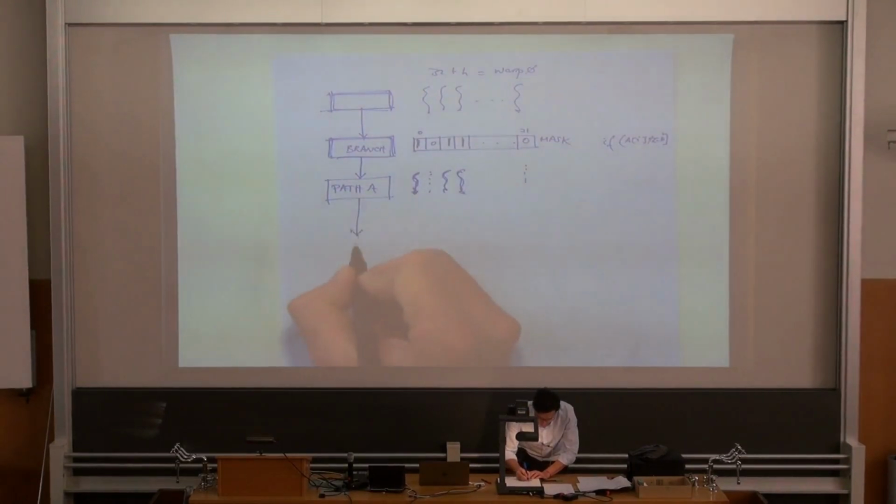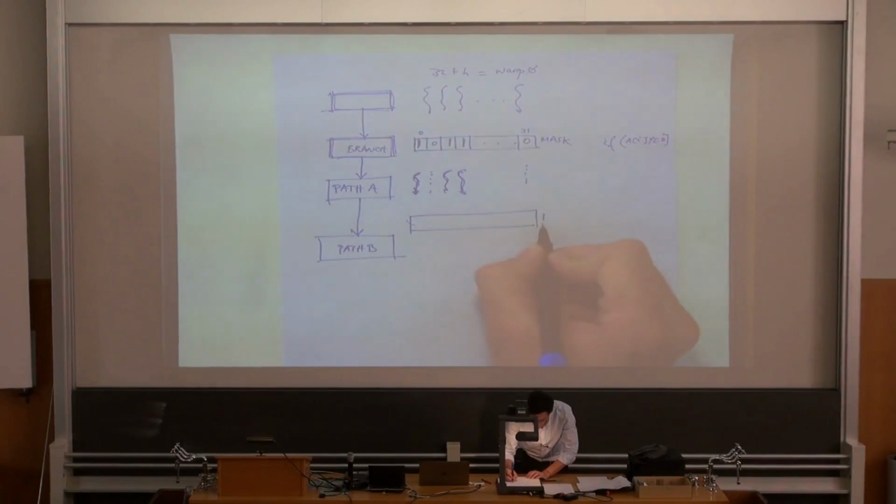And then we go through path B. So before going through path B, we have to complement the mask such that the bits that were 1 before are now 0, and the ones that were 0 are now 1.